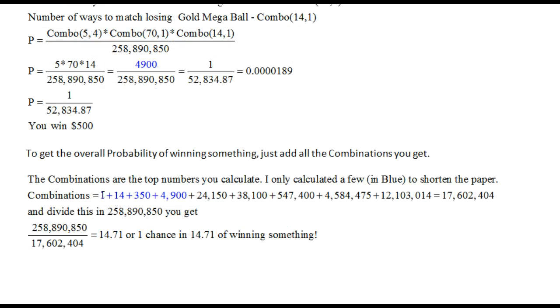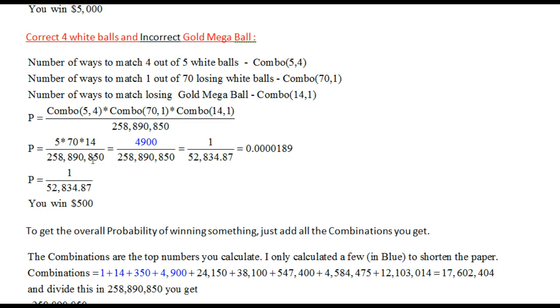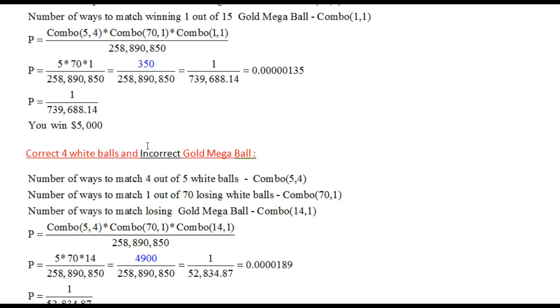Now, I've done all those scenarios, and so now I want to show you how you get the overall probability of winning something. Like on the online table, it says the overall probability of winning. You just add all the combinations you get. And the combinations are, I listed them in blue here. So the combination here is 5 times 70 times 14 is 4,900.